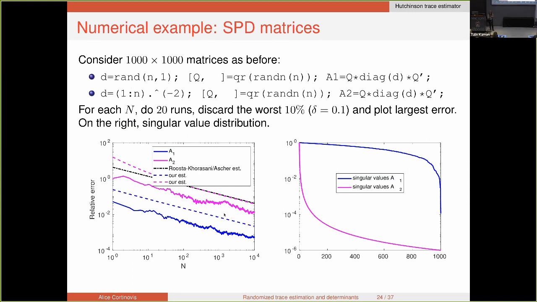So this is what happens for an example. Here I took two symmetric positive definite matrices, one with a very slow singular value decay, one with a faster singular value decay.